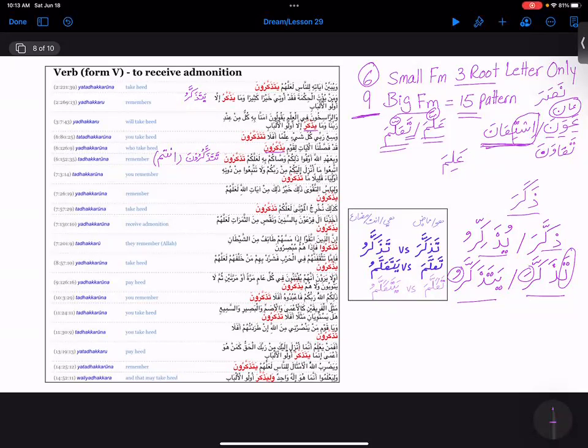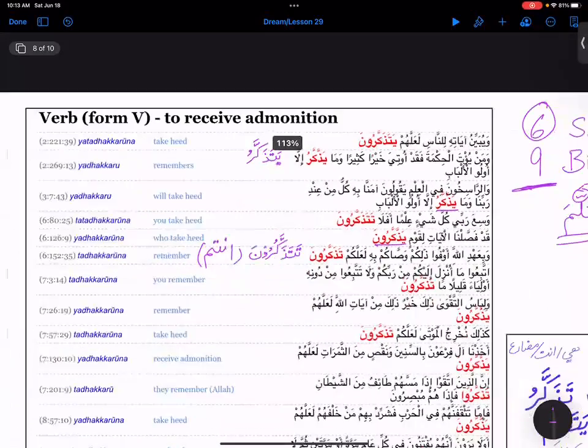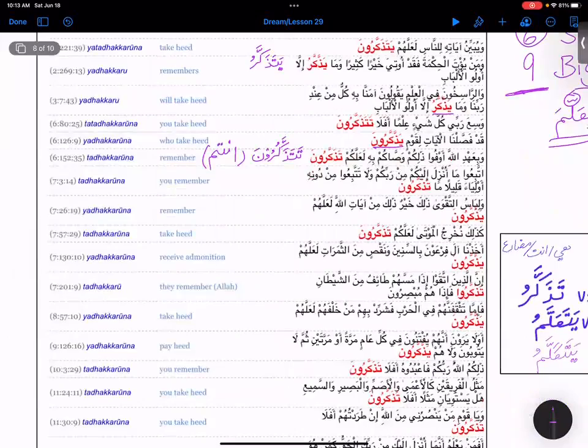Now look at the word yatadhakkaruna. Basically this is the tadhakkaru pattern, and from there it is yatadhakkaruna. And then we have the word yadhakkaru. What's going on?